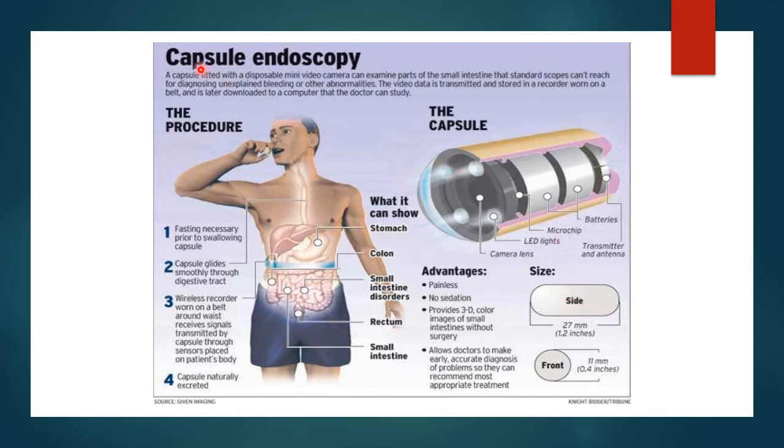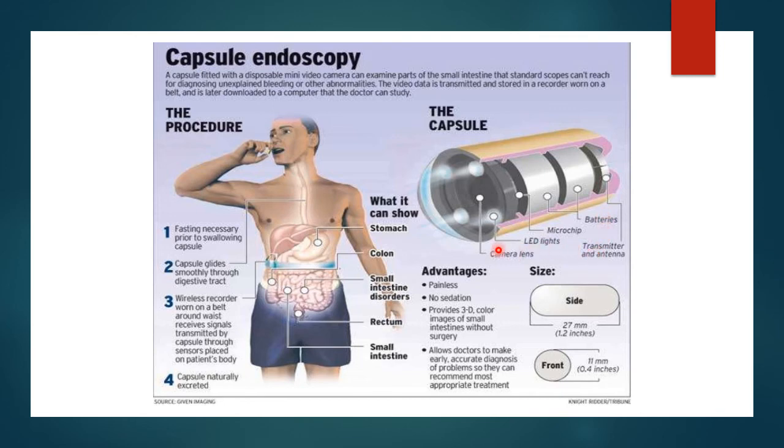The next investigation is one of the newer investigations known as capsule endoscopy, or video capsule endoscopy, VCE. In this, the patient swallows a capsule which contains the camera, LED lights, microchip, batteries, and a transmitter antenna.